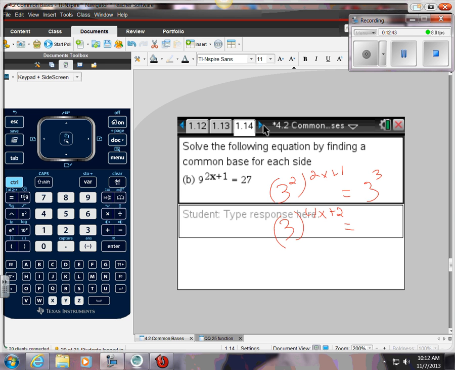Good. Right-hand side is just 3 cubed. Set our exponents equal to each other. Subtract the 2. 4x equals 1. Divide by 4. x equals 1/4.